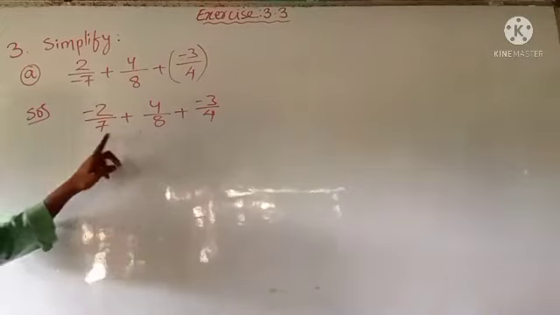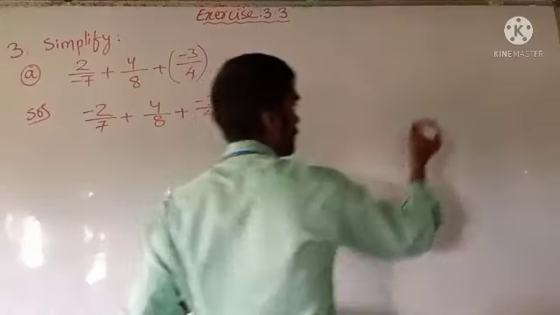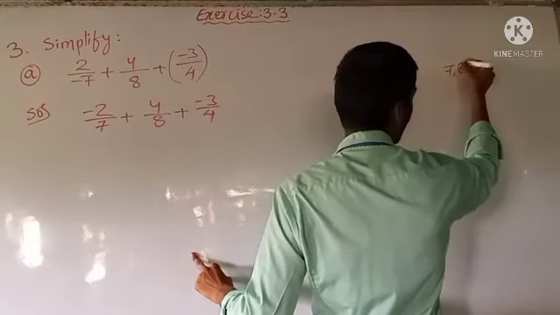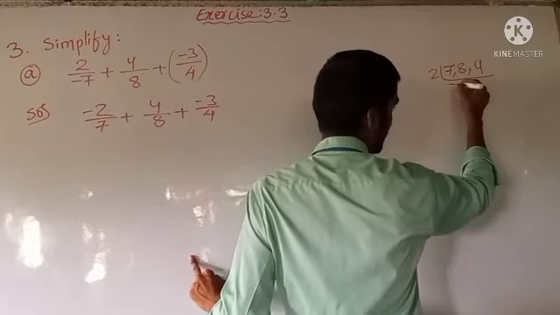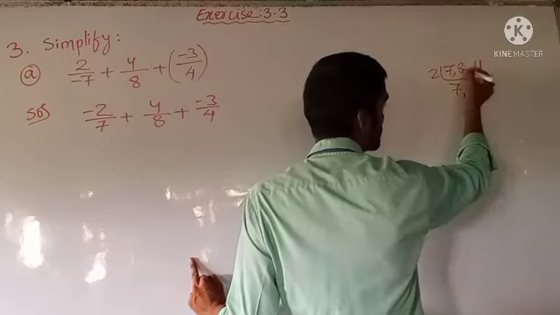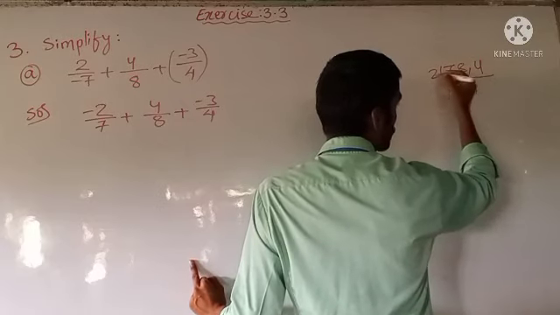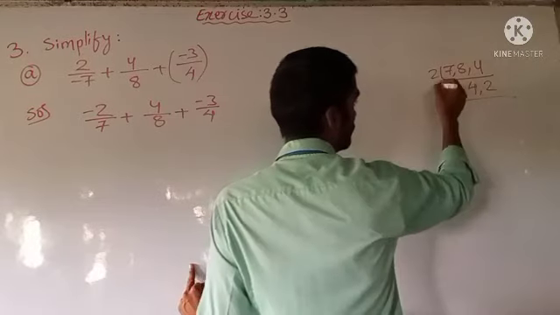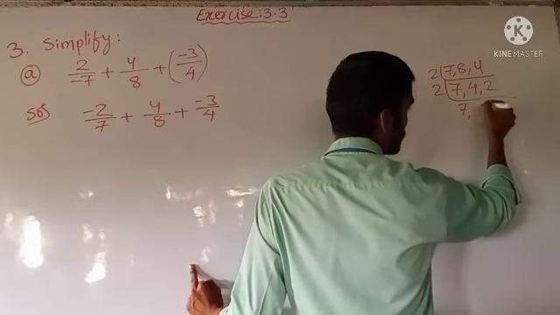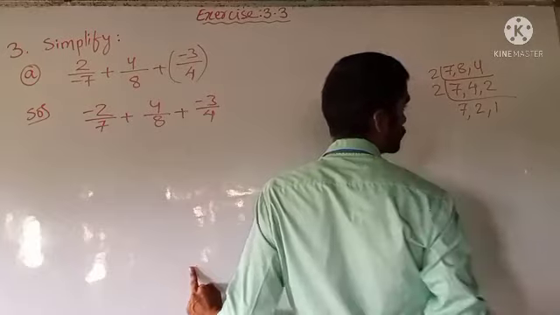Now we will find the LCM of these denominators, that is 7, 8 and 4. We will divide by 2. 7 it is not possible, so we will write as it is. 4 into 2 it is 8. Again 2, 4 2s are 4. Now again we will divide by 2. 7 it is not possible. 2 2s are 4. 2 1s are 2.